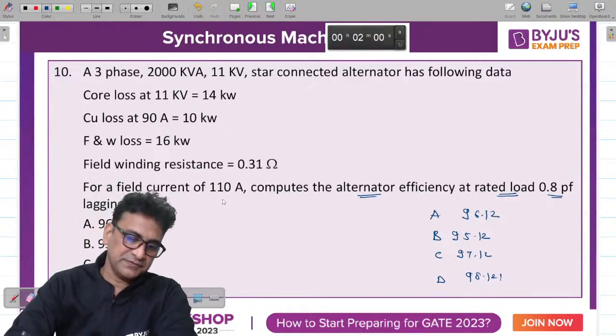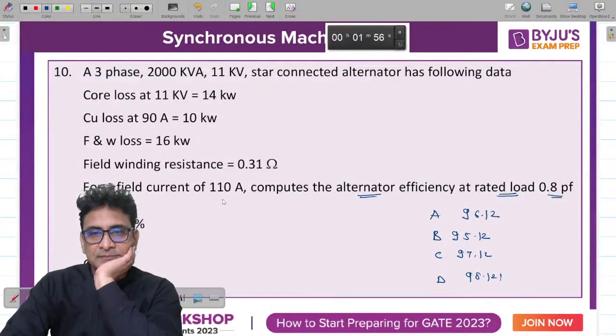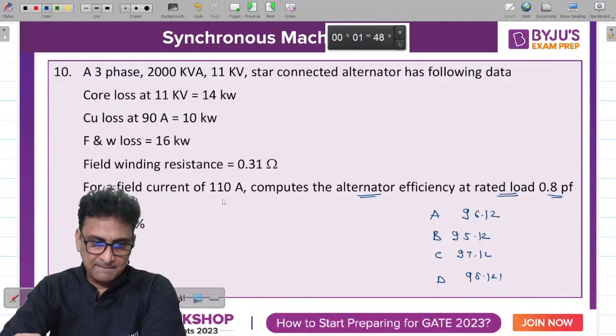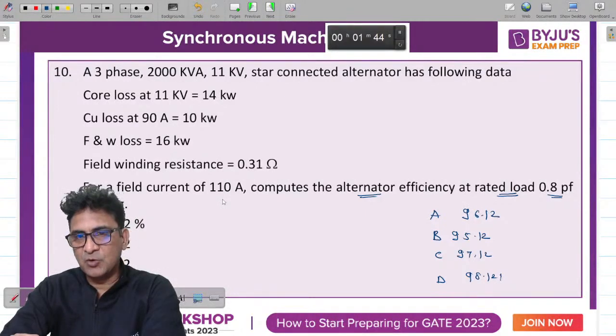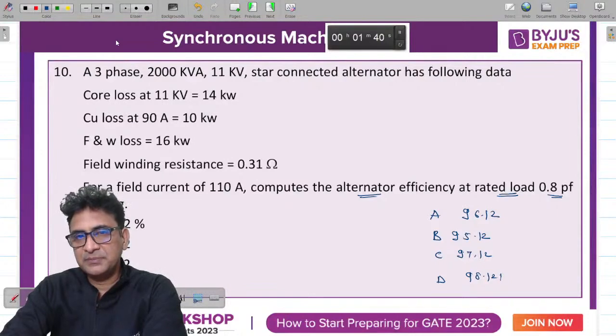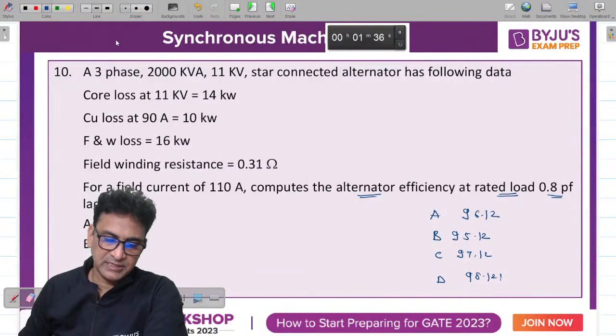How to find the efficiency? You have to find the efficiency at the rated load. So at the time of rated load, the output power is given, output kVA is given basically. Just find the input power; output power divided by input power would be the efficiency.